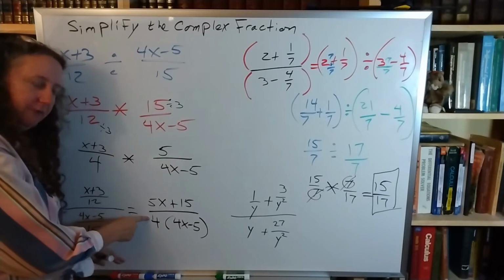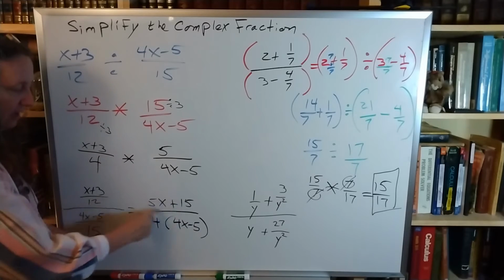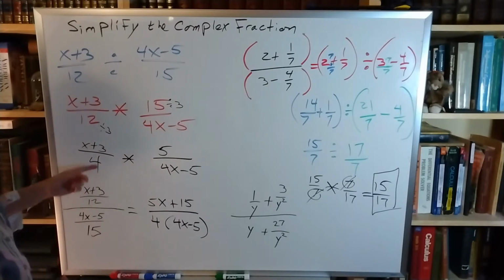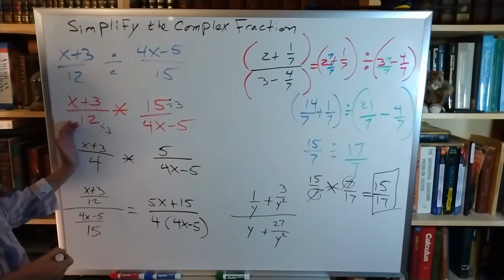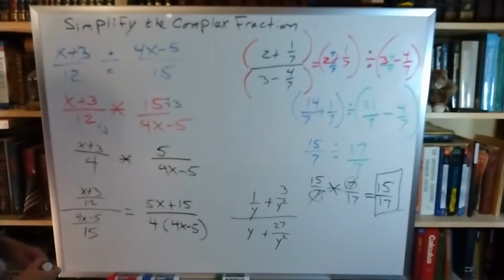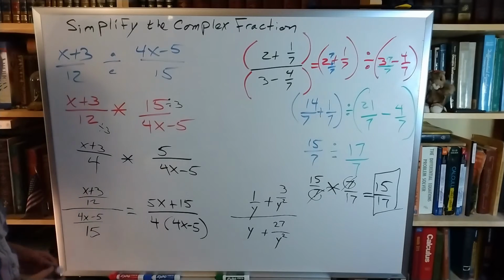Typically, you will leave the denominator factored, and the top you can combine if you want to. You don't have to. I could have left this as open parentheses and closed parentheses around the x plus 3 and the 5 in front of it. That's fine. But the bottom you typically want to leave factored.